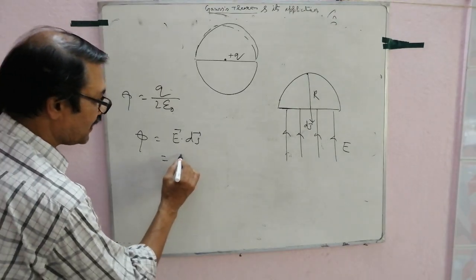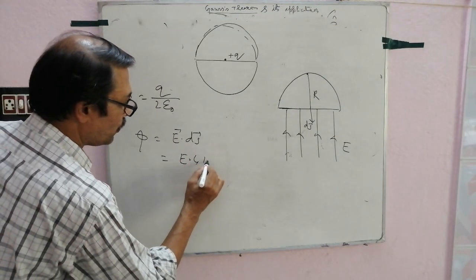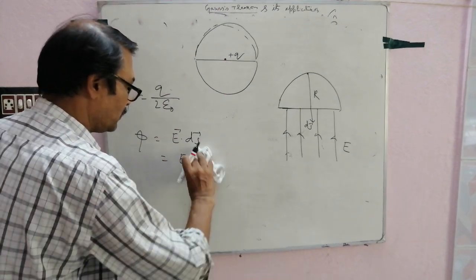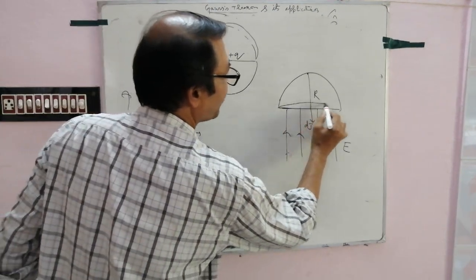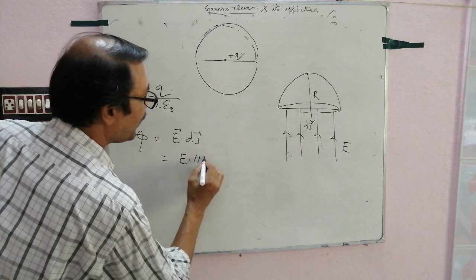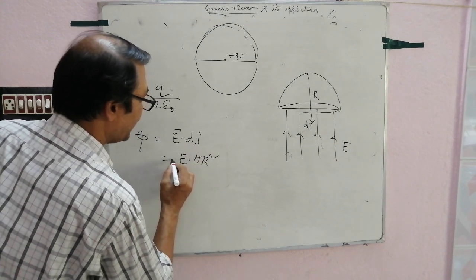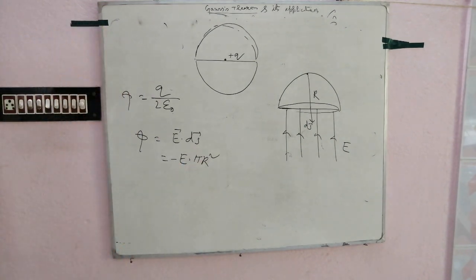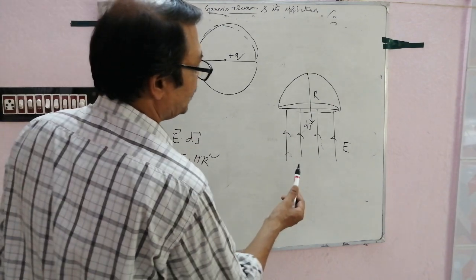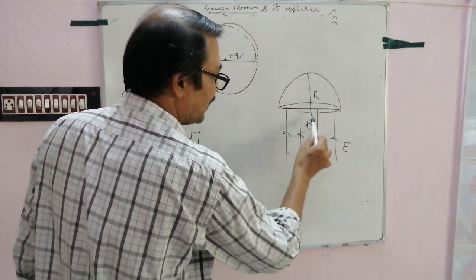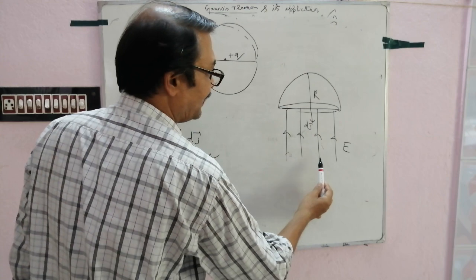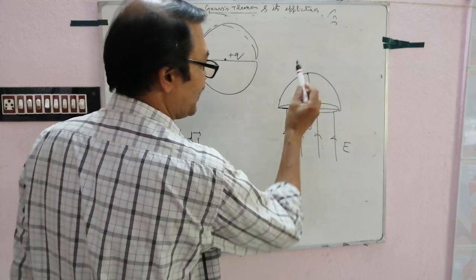So total flux is E into the area of this surface, pi r square, of course negative, because ds is outward and E is inward, and the flux is inward.